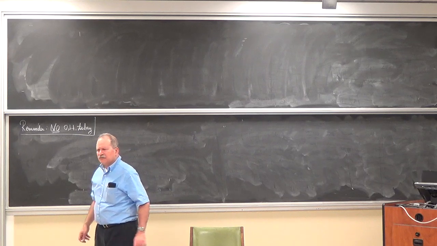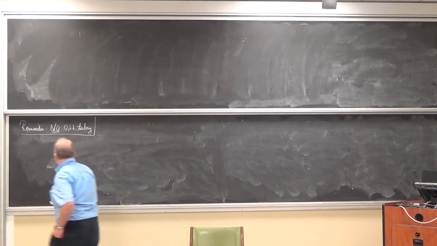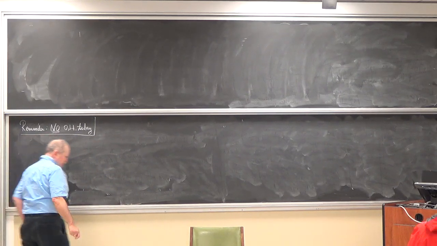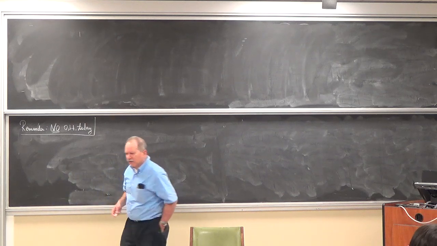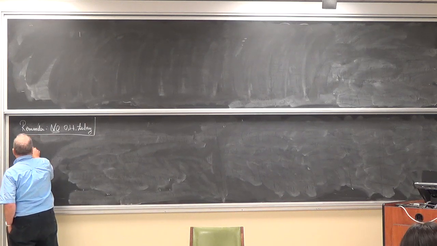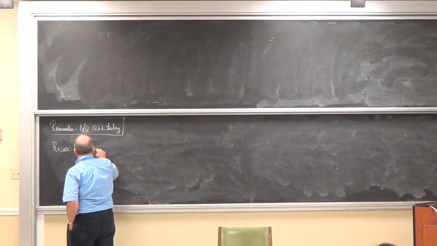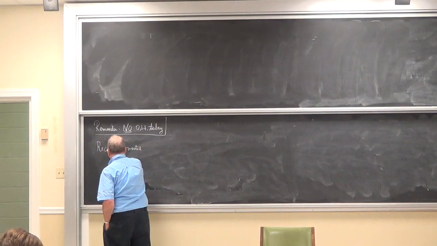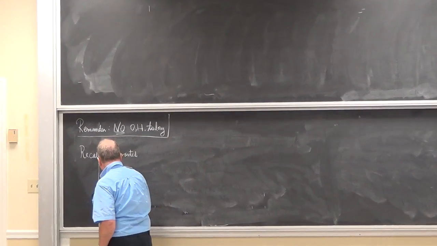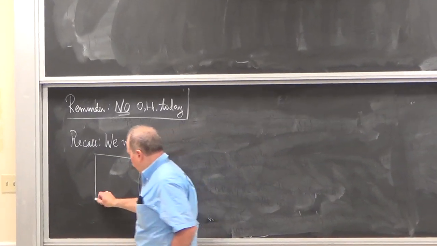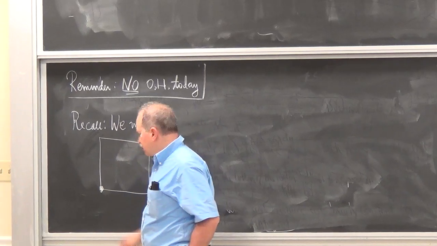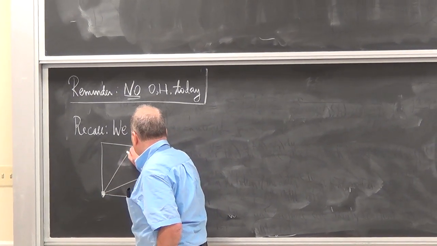Okay, so, hello. So, back to where we were on Wednesday. Sorry. We were trying to decide what the average distance from a corner of the square was to points inside the square.